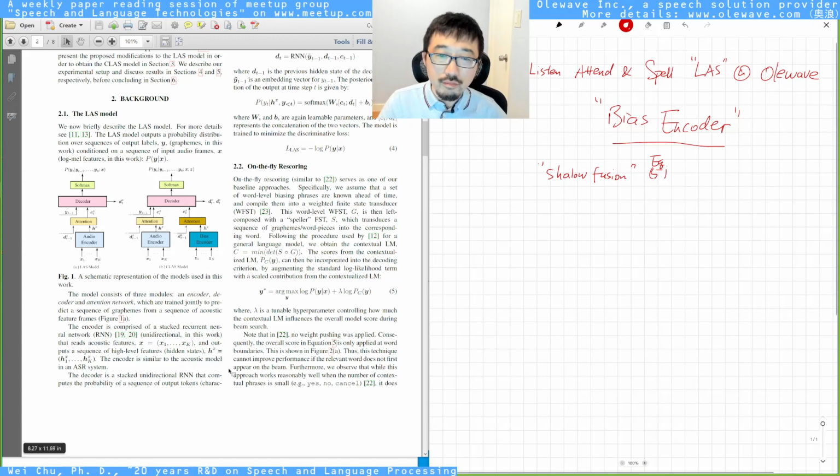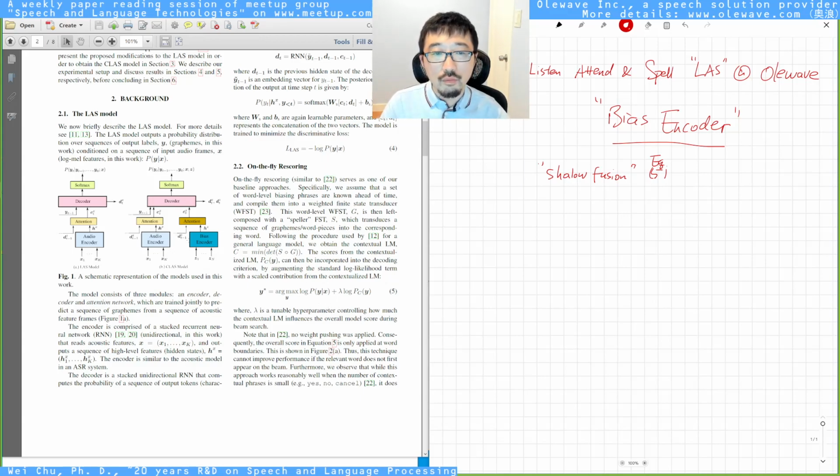It's very ad hoc, but it's working. They call it on the fly because this is done in the beam search, before you reach the final result, at every output of the y.